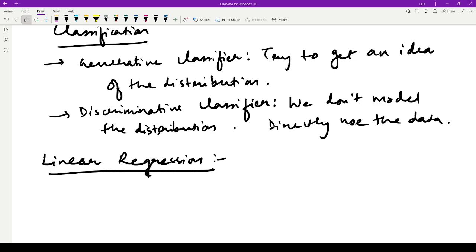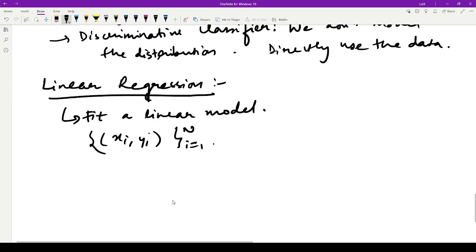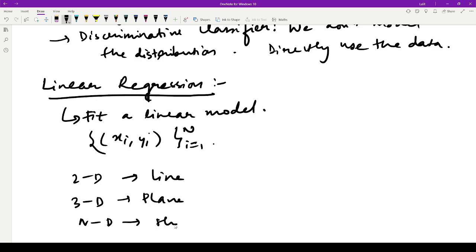So you have to fit a linear model. You already have the data xi, yi, maybe n data points. In the 2D case it's fitting a line, in the 3D case it's fitting a plane, and in the n-D case it's a hyperplane, for n greater than 3.